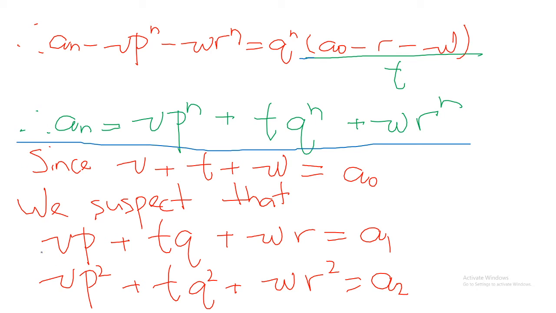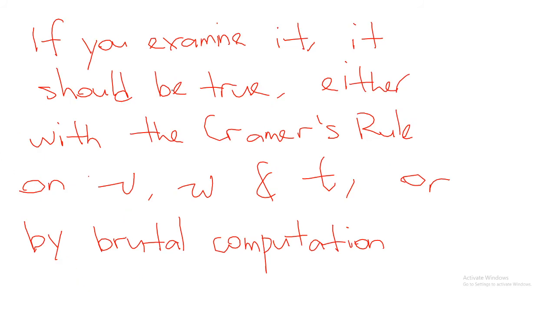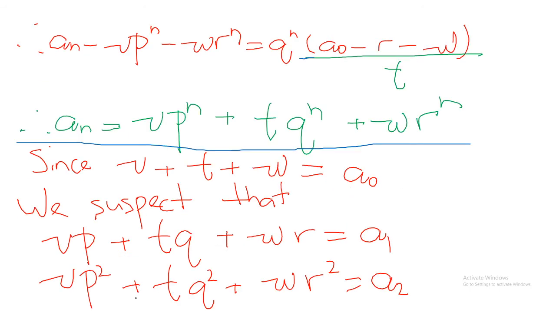We suspect that, and if you examine it, it should be true, either with Cramer's rule on v, w, and t, or by brute-force computation. You can always prove that these two things are true, but if I prove it right now, the video will be about an hour long.